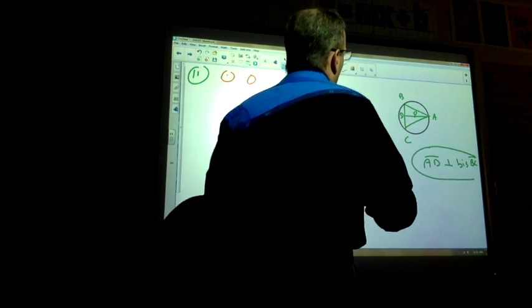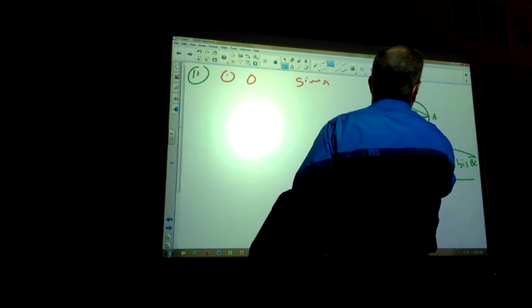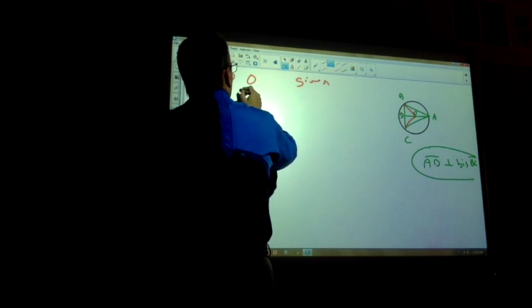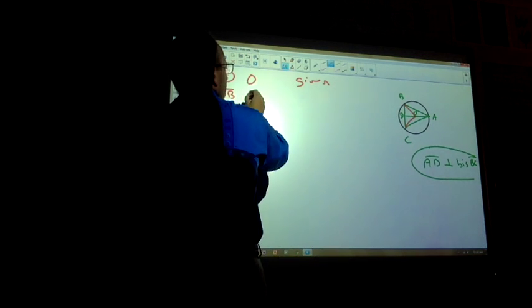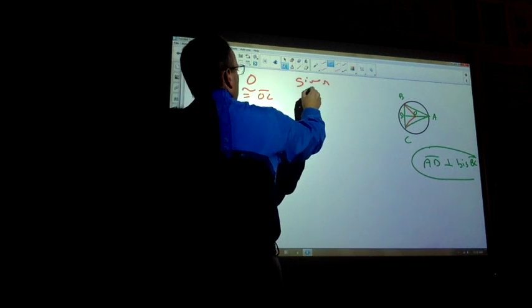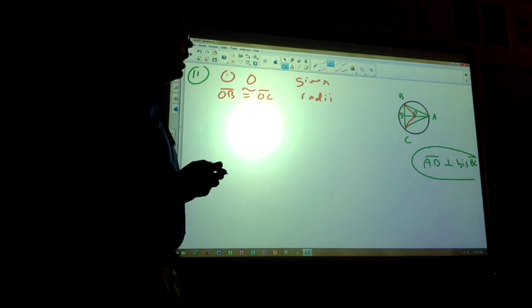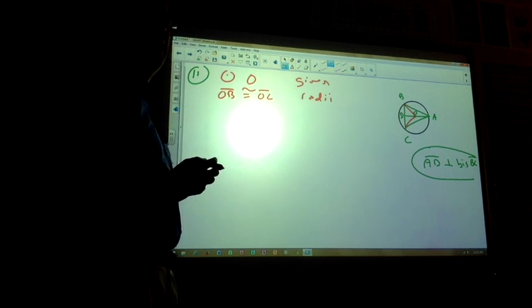Nope. But what I can do is draw my lines here and then easily state that OB is congruent to OC, radii. Didn't you say that about OA? I could say that. I don't know if I need to.